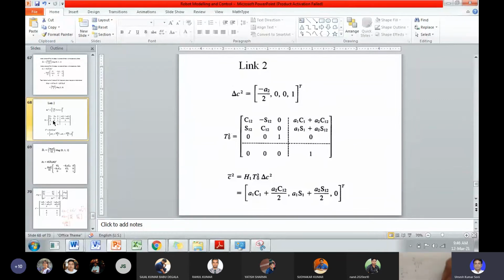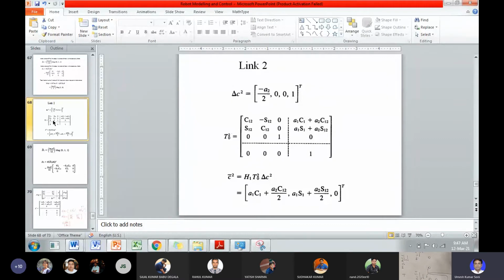Here simply you have S12 C12 0 0 1, and 0 into 0: the first element is 0, second is 0, third is 0.